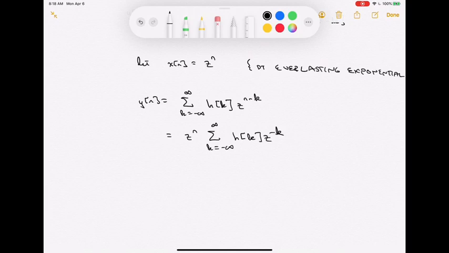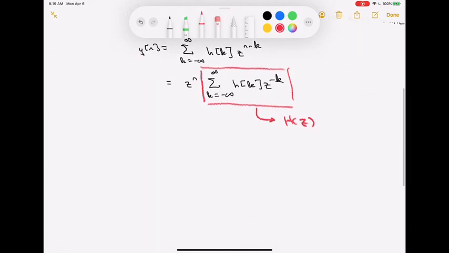Well, we've seen that sum before. That overall sum just looks like the bilateral z transform of the unit impulse response, which is my H(z). So we get a really familiar solution.